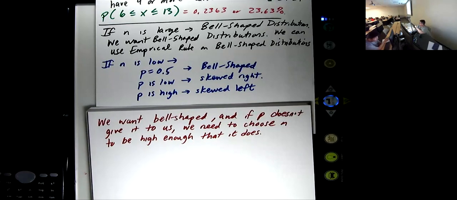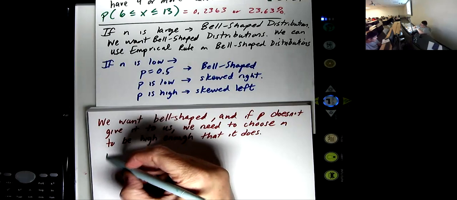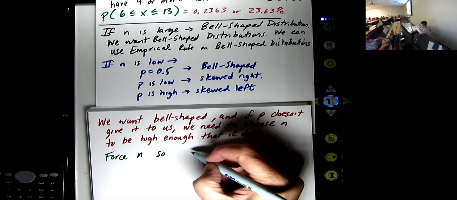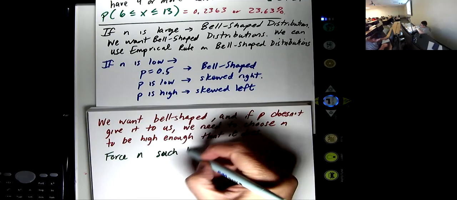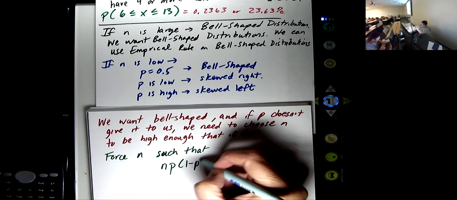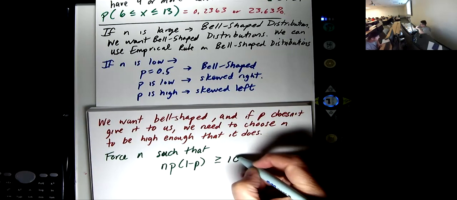We saw when we stuck in N equal to 1,000, it didn't matter if P was really low, or alternatively really high, it would still look bell-shaped. So how do we decide that? We want to meet the criteria: N times P times 1 minus P is greater than or equal to 10.